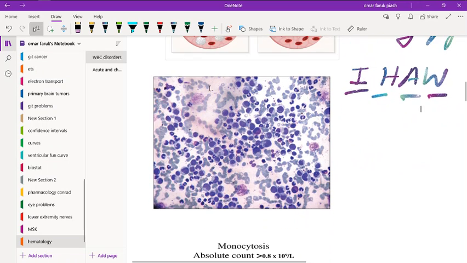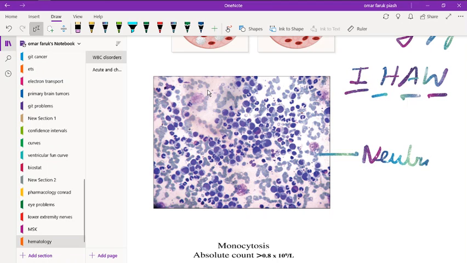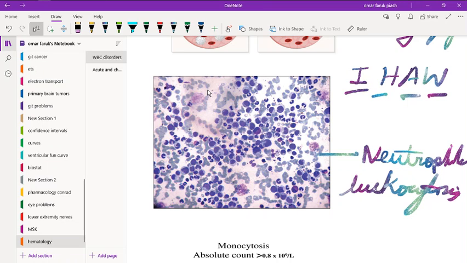Okay, this is the picture of neutrophilia. Look, tons of neutrophils are present here. This is called neutrophilic leukocytosis. In neutrophilic leukocytosis, the most common cause is bacterial infection or tissue necrosis.